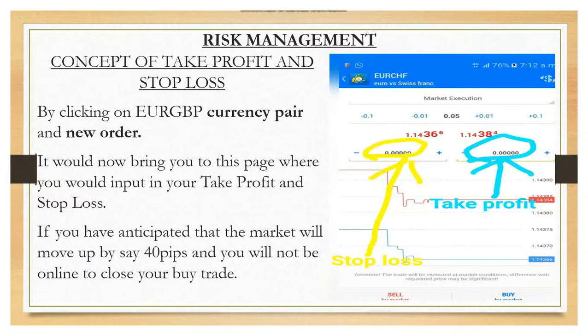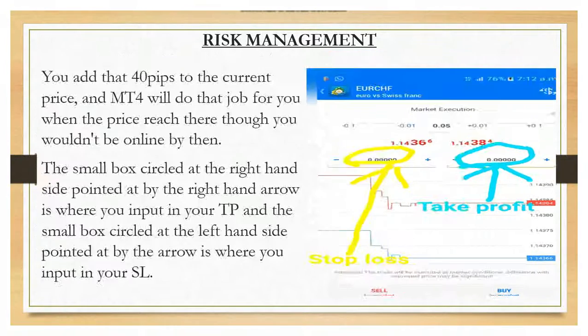If you have anticipated that the market will move up by say 40 pips and you will not be online to close your buy trade, on the image on our right hand side, this is where you input the take profit and the stop loss. The take profit is at our right hand side and the stop loss is at our left hand side.